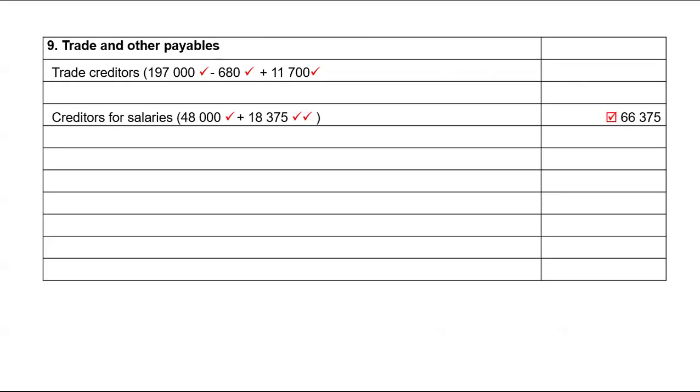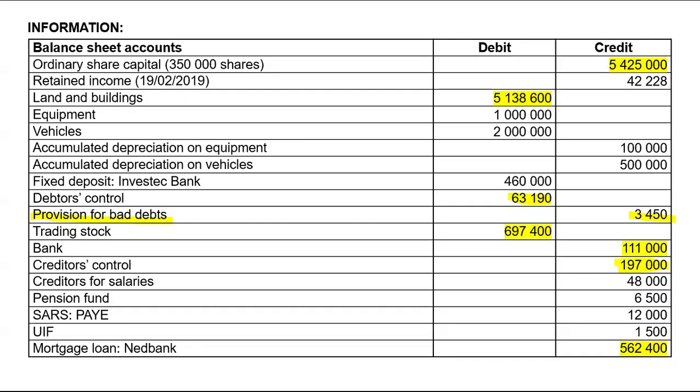Then we're going to go to pension. Pension, we already had a balance for pension from the pre-adjustment trial balance again, which was 6,500. We are going to add the pension that was a deduction from the employee's salary and then add the contribution. That's it.